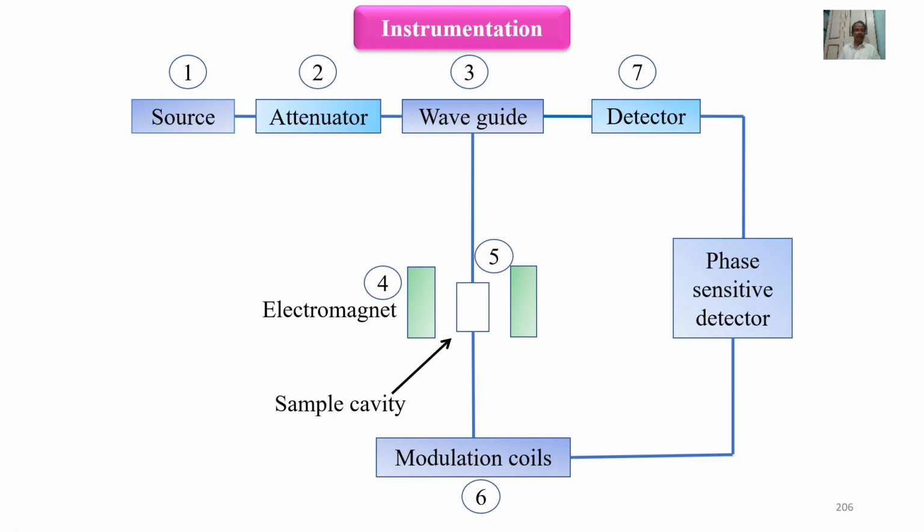It can tune the waves into precise frequency, amplitude, and phase. It will go through the attenuator, the second part, which is used to adjust the level of the microwave power. That is, it can homogenize the power of the incoming microwaves.